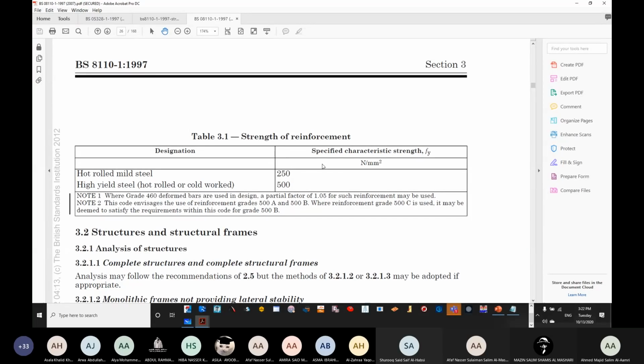Nevertheless, whether you design your element for 500 or 460, you shouldn't have an issue. And I'll explain why. This is going to be the last point.